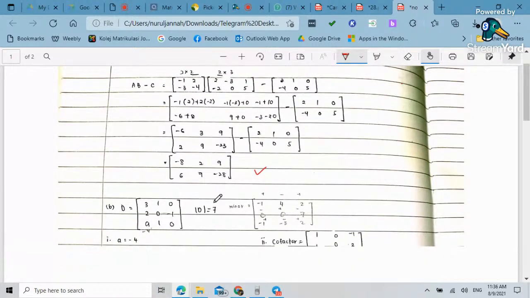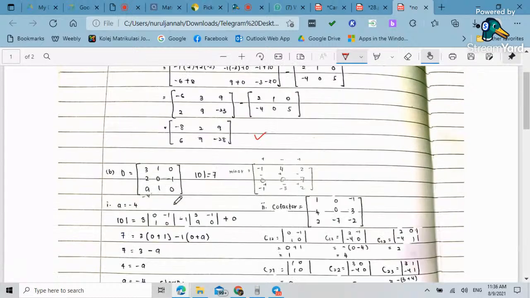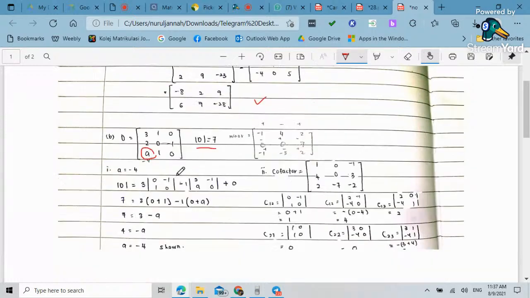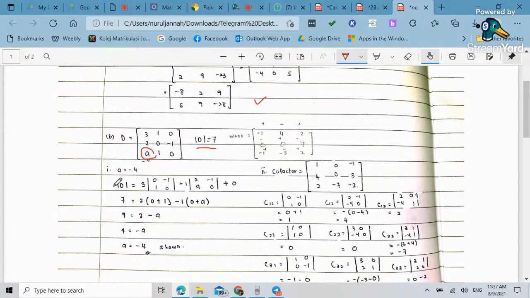Next, the question needs to find A, given that the determinant of D is equal to 7. So you use the formula to find the determinant, and then you equate it to 7 as given. Then you will get A equal to -4.